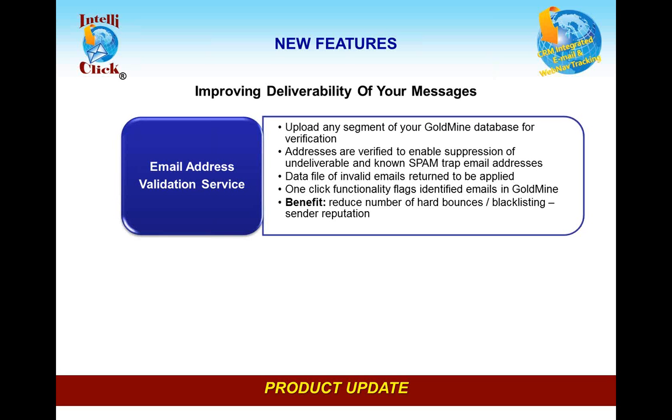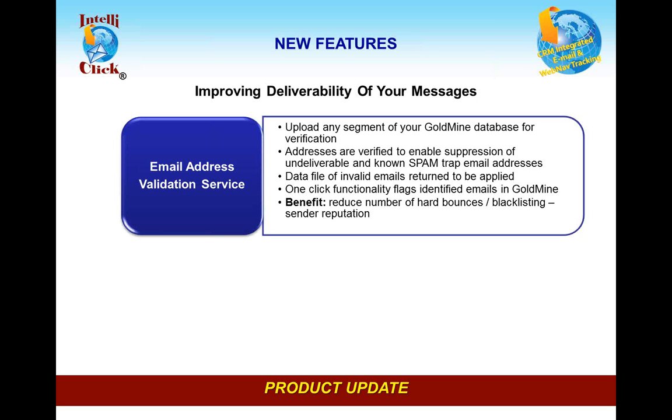The process basically involves a data file of invalid emails, or you generate a file, and you'll see how we do that. We've given you basically a couple of clicks to generate it and get it uploaded to the service. We return back to you a data file of the invalid emails, and then with about one click, literally from inside the IntelliSend email data integrity area, you are able to immediately flag those emails to be sure they're not being sent to.